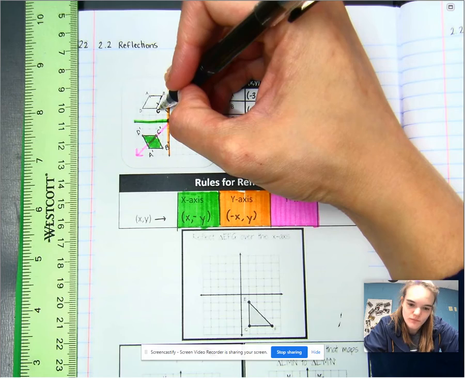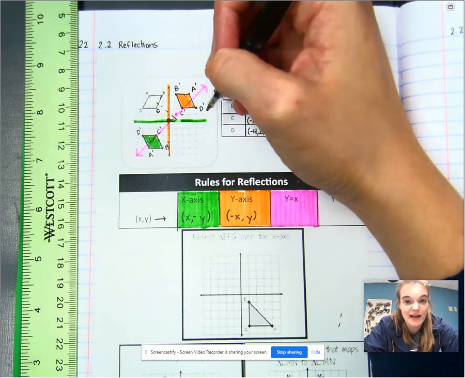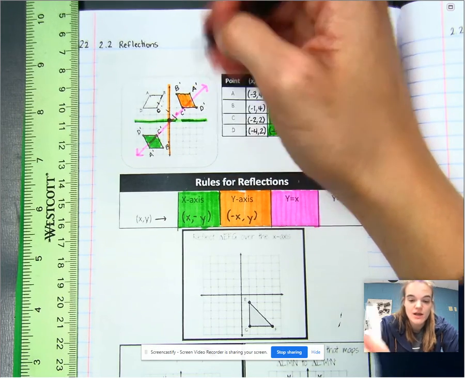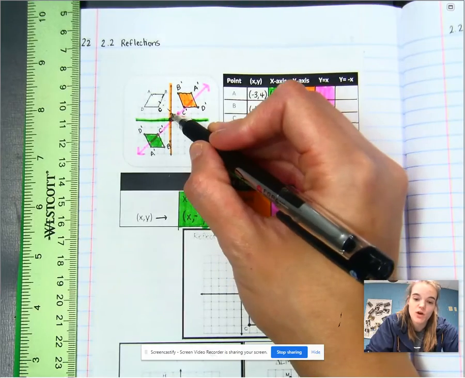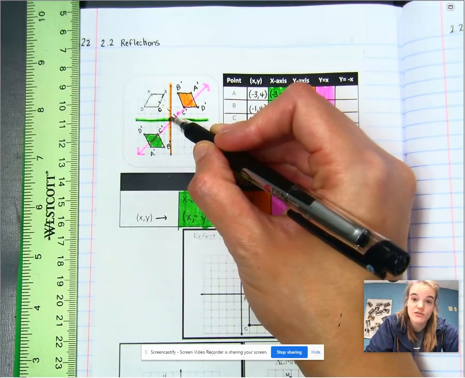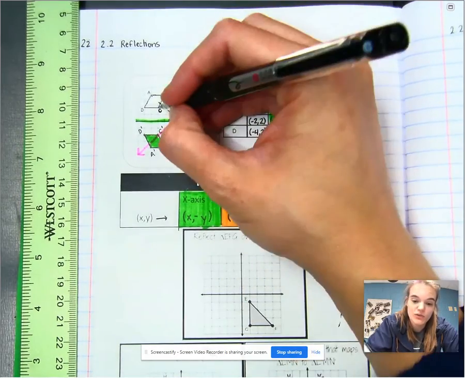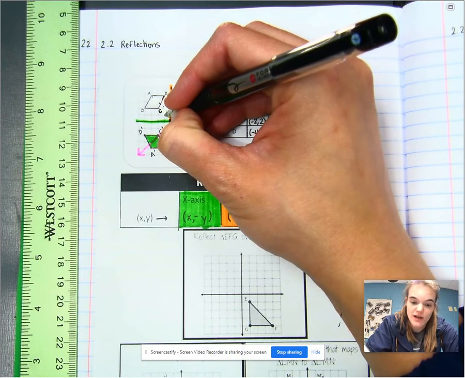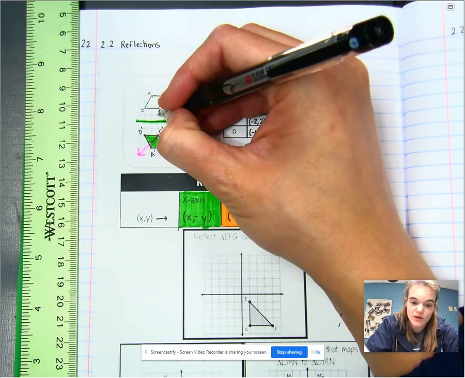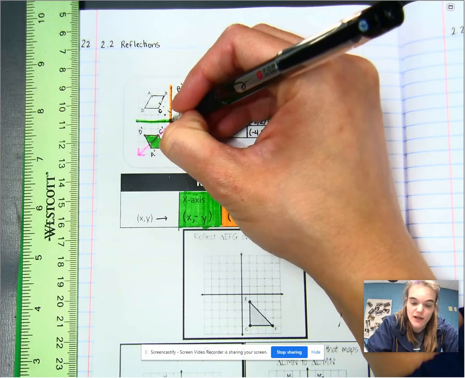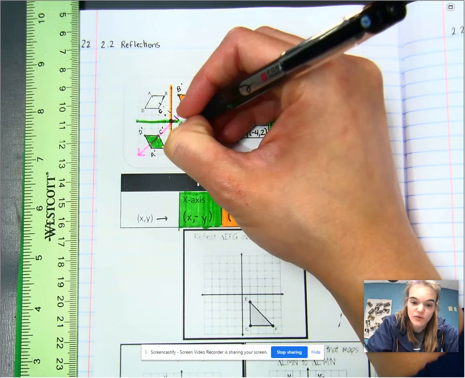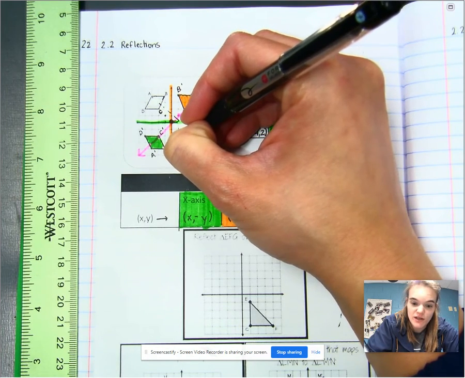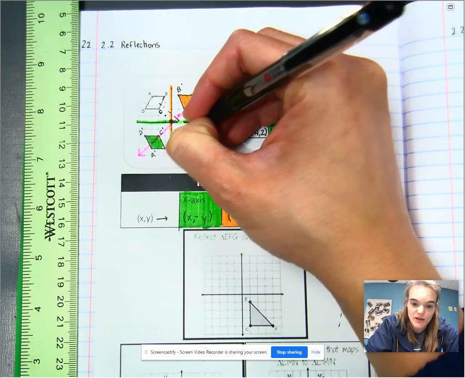From C to this line, I have to go diagonally. Since this is going up 1 over 1, to get to this line, I have to do the opposite of that. I have to go down 1 over 1, down 1 over 1. And that's 1, 2, 3, 4. And I'm going to do the same thing. 1, 2, 3, 4. So C prime will be right here.